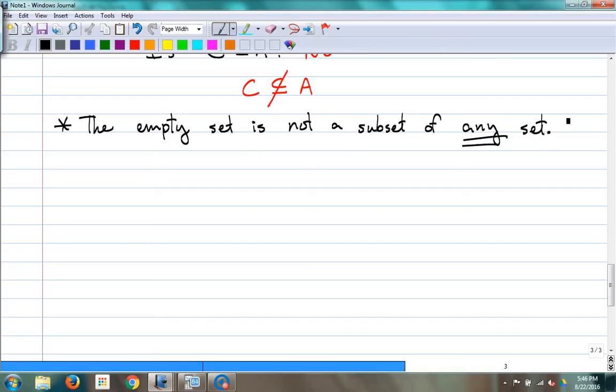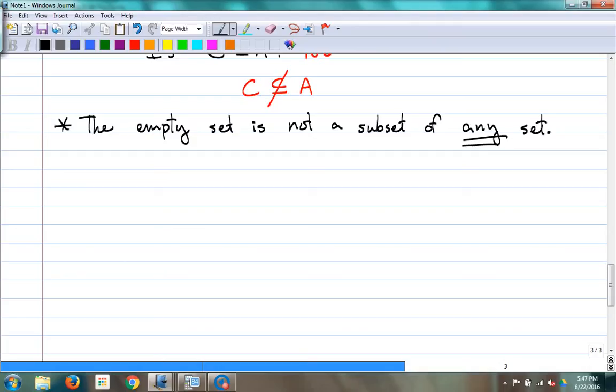No matter what your original or universal set is, the empty set doesn't contain anything, so it cannot be a subset of that. That's one of those questions that they like to ask. It's kind of odd because it's never a subset of that. But that's kind of a theory thing, where this is the ideal situation. The empty set is not a subset of any other set. So make sure you know that.